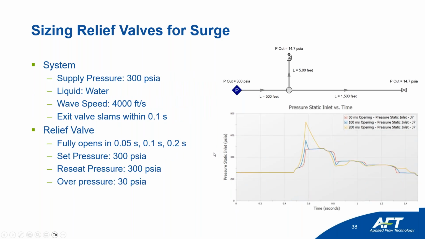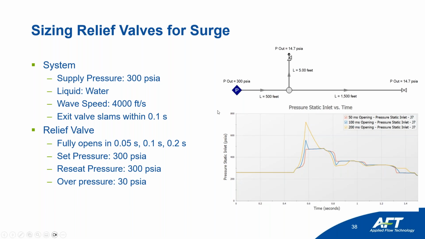And if we compare this exact same situation, but now we open it at 50 milliseconds, 100 milliseconds, and 200 milliseconds, you can see the yellow line on the right-hand graph being the 200 millisecond opening. You can see that now it's unable to shave that peak off like it needs to, and you still have approximately 700 psi of pressure that's still affecting the rest of your system before it's able to actually relieve it down to a manageable level, which would be unsatisfactory by surge mitigation standards, right?